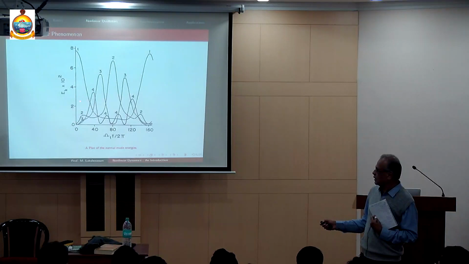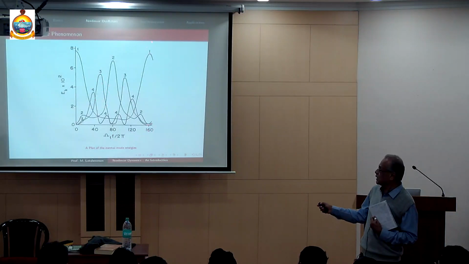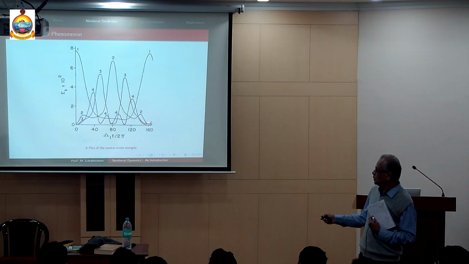You allow them to interact and then evolve. You find, as expected, the energy of the first mode is given to the second, third, etc. There is an energy sharing, but if you wait for a characteristic recurrence time, the initial state comes back. The initial energy comes back to the first mode and all the other modes lose it.